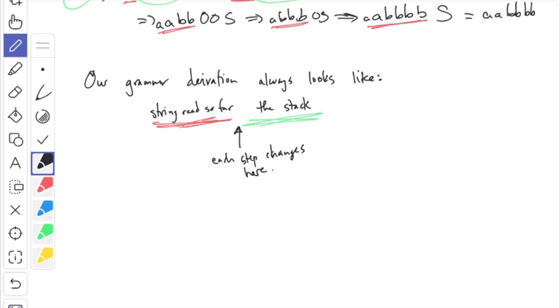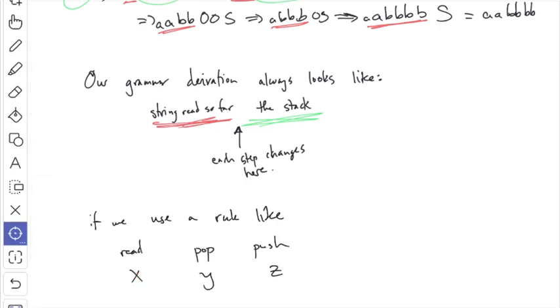So that means, if we use a rule like read X, pop Y, push Z. Now, in the stack machine, this has the effect of removing X from the front of the string, but on the grammar, really, it should be inserting the X on the rightmost end of this red part.